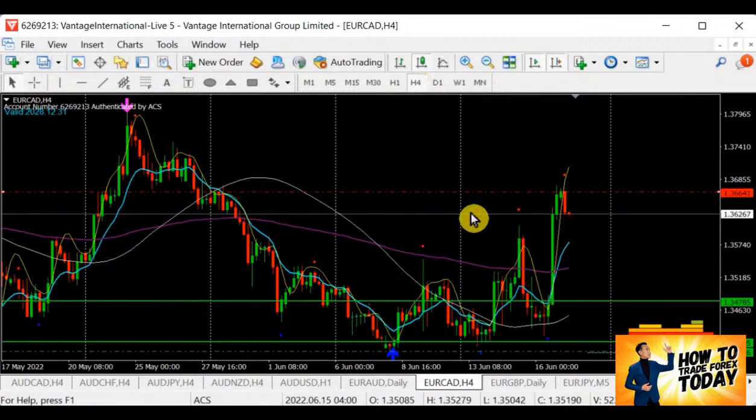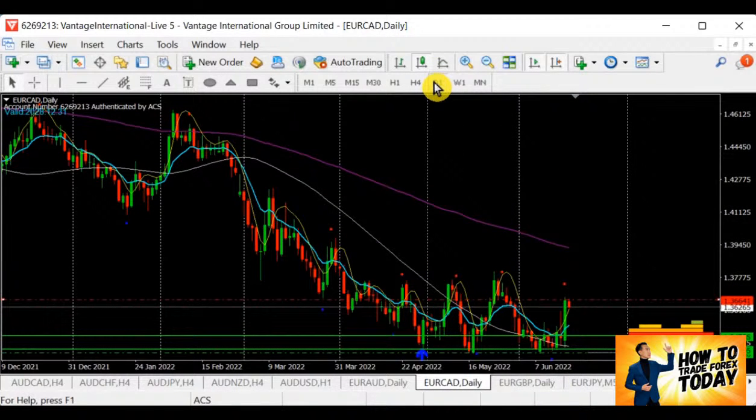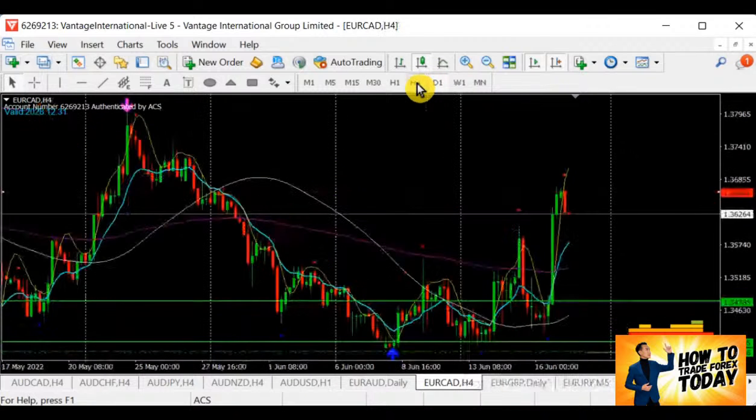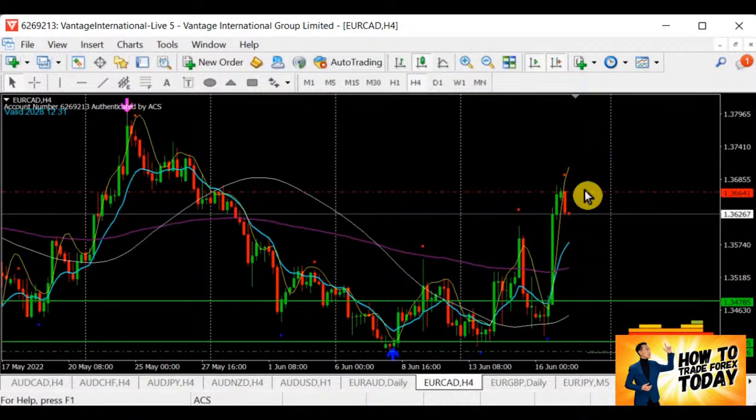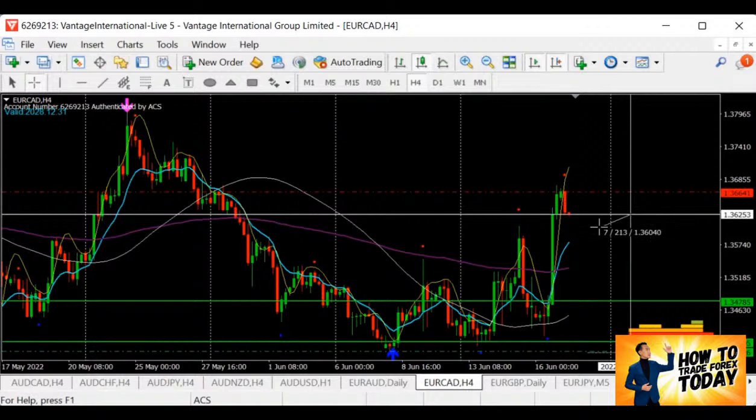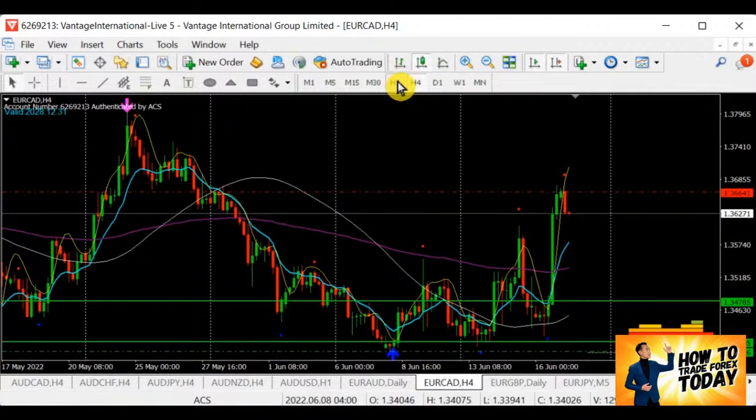I was misled by the resistance over this side here. So correction, right now I should be looking at selling for EuroCAD, since it has already tested the resistance and it's not breaking so far. Then it should continue the selling. I will be looking at selling for about another 40 to 80 pips, which is quite a good space here.